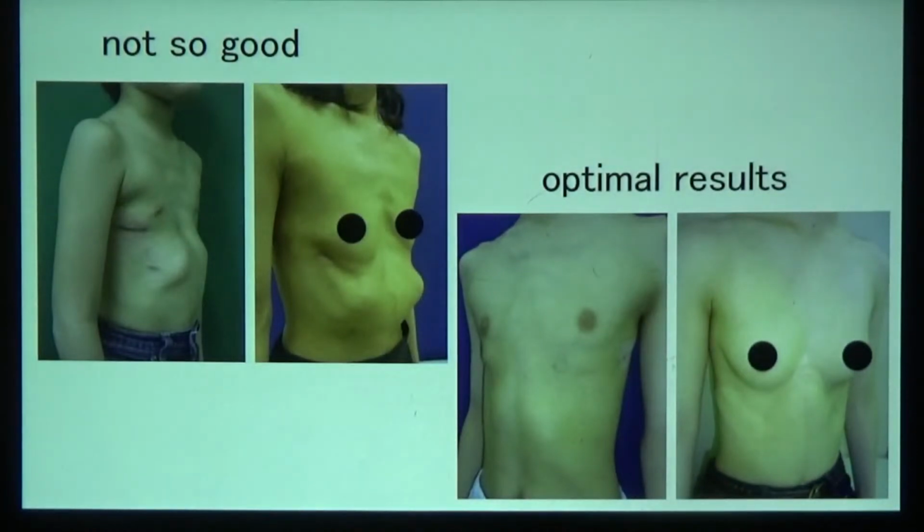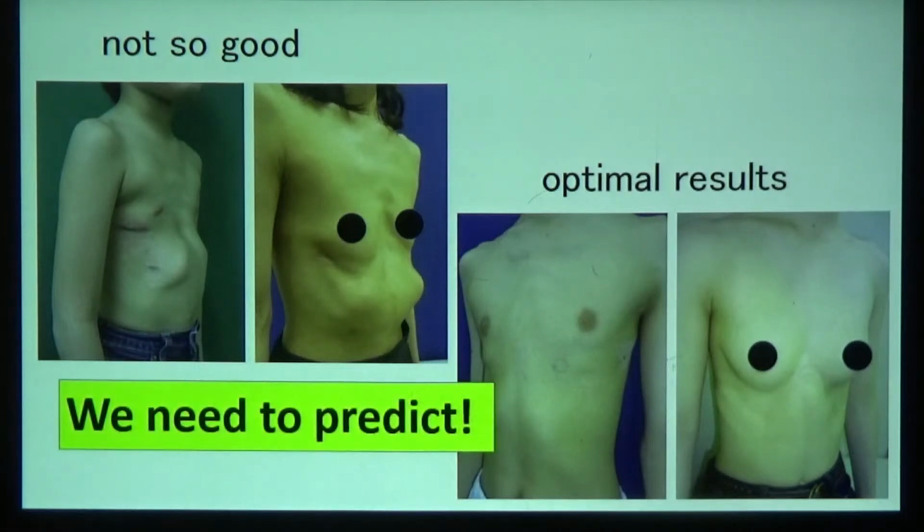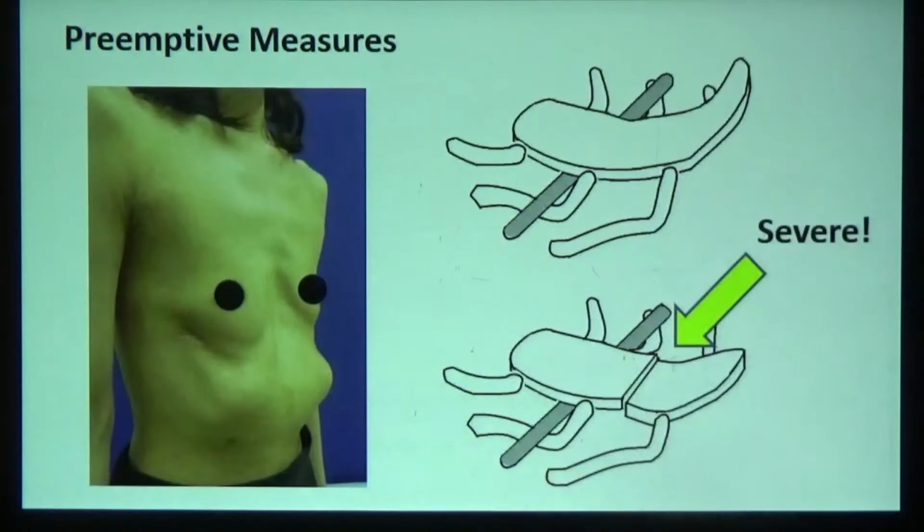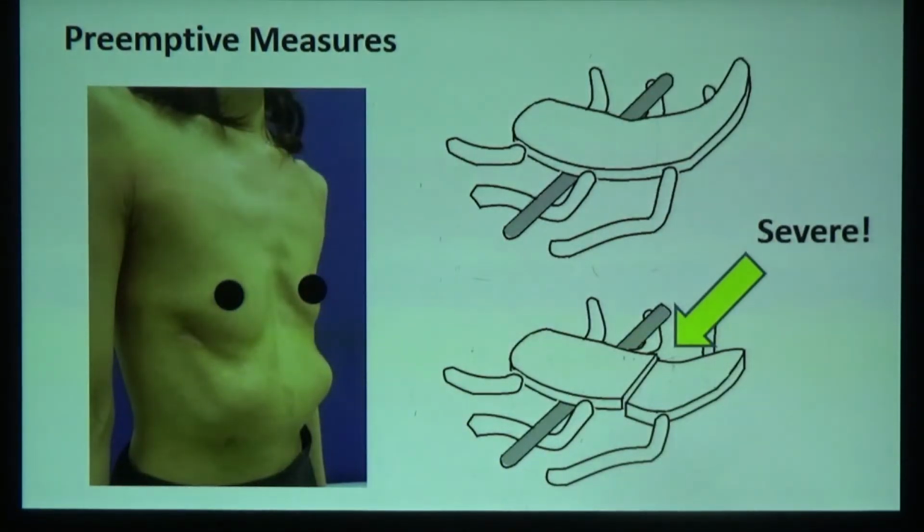So we need to predict the outcome beforehand, since if the irregularity occurs, the patients will not be satisfied. If we can predict the problem in advance, we can take preventive measures. For instance, by severing the sternum, we can prevent protrusion of the costal arch.